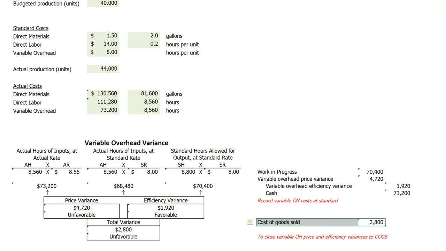And then, of course, we need to close out our variable overhead price variance and our variable overhead efficiency variance. To close out the price variance, which has a debit balance, we will need to credit it. And to close out the efficiency variance with a credit balance, we need to debit it. And we've zeroed out our variances. And that is how we record journal entries in a standard cost system.